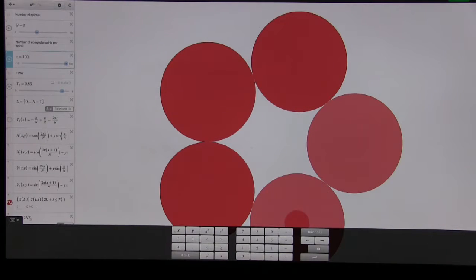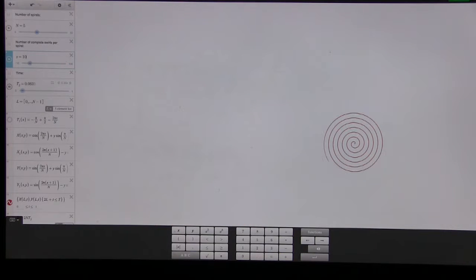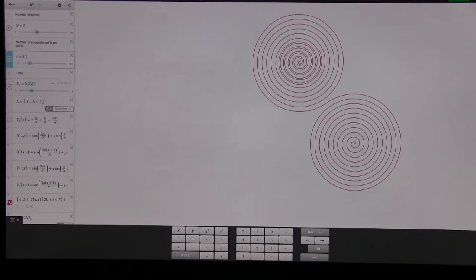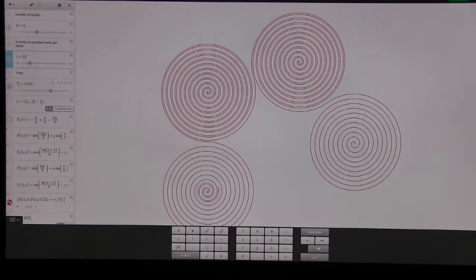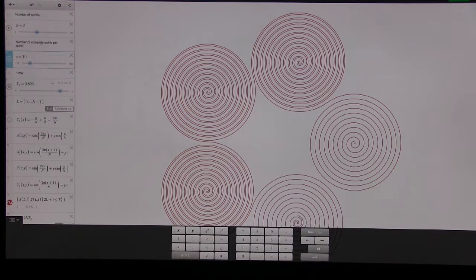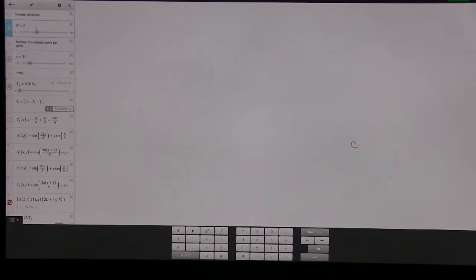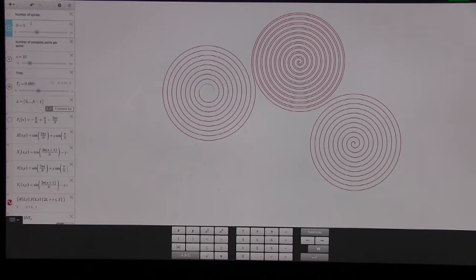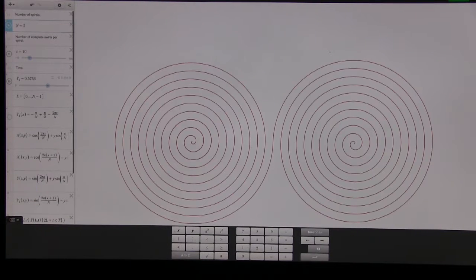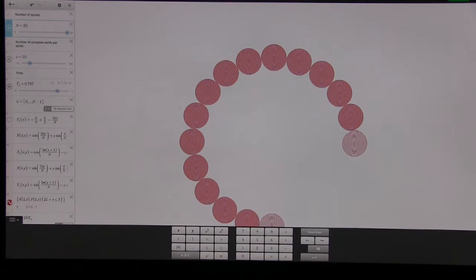So let's go back to something simpler. Maybe I could have, if I had 20 spirals.